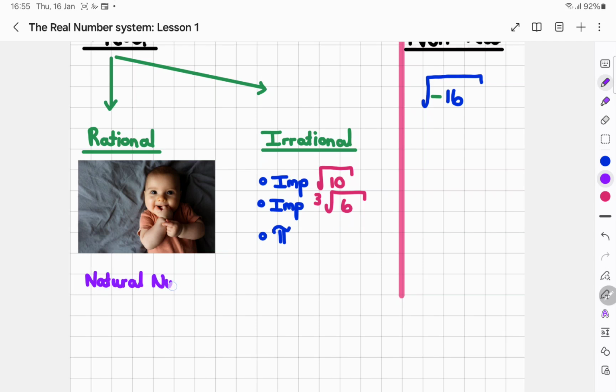That is the first number set that would be rational. Natural numbers are rational numbers. The way you would represent natural numbers is with an N like this. Sometimes it has a little double stripe depending on what the computer does with it. So it's represented with the N. What are natural numbers?